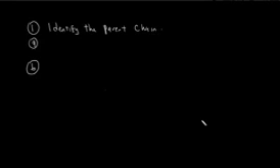So let's consider this structure. I have 1, 2, 3, 4, 5, 6, 7, 8, 9. I have 1, 2, 3. And then I have OH. And here I have Cl.